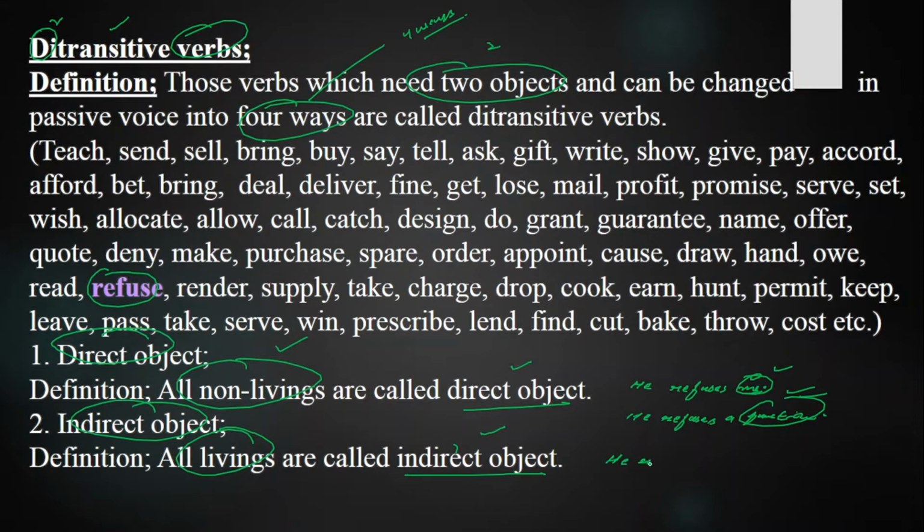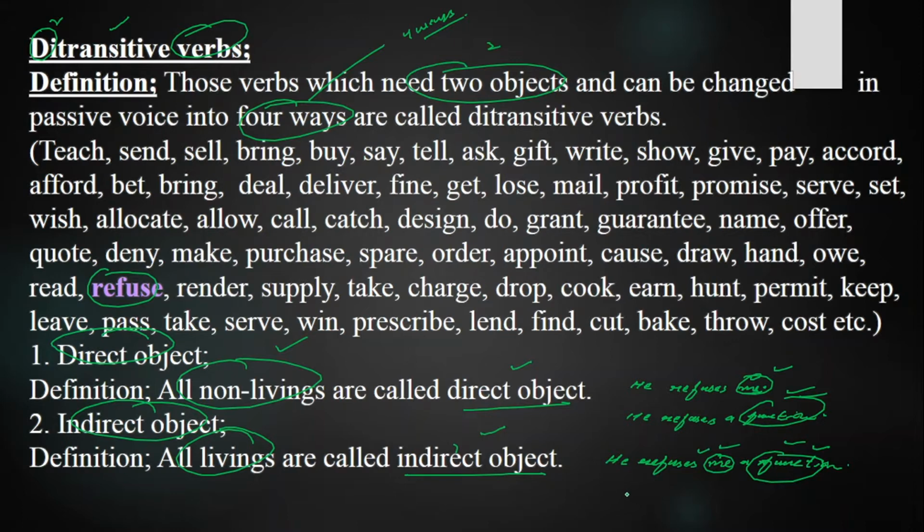Like I say, he refuses me a function. This is what he refuses for me. What? A function. He refuses a function for whom? For me. Mostly we bring the indirect object at the beginning and the direct object at the end. But if you want to shuffle the places, you need to put a preposition with your indirect object.